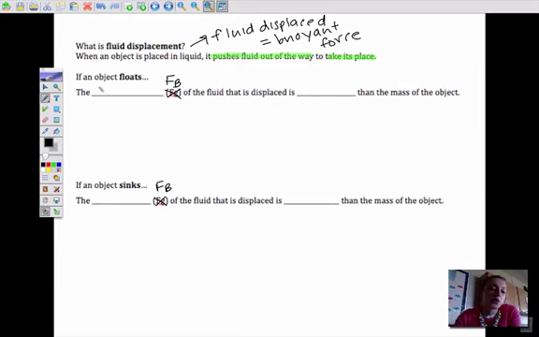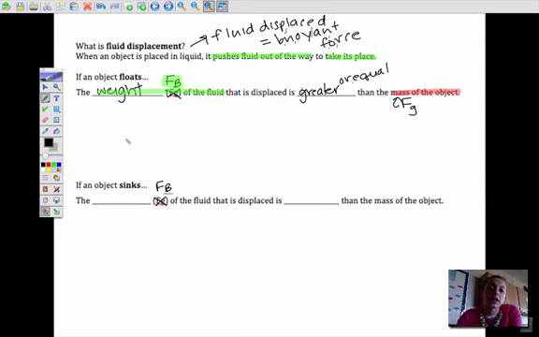So if an object floats, the weight of the fluid, which is our buoyant force, that's going to be displaced, is going to be greater or equal to the mass of the object that we put in the fluid. We also can use weight of the object here, so we can use Fg for this one.